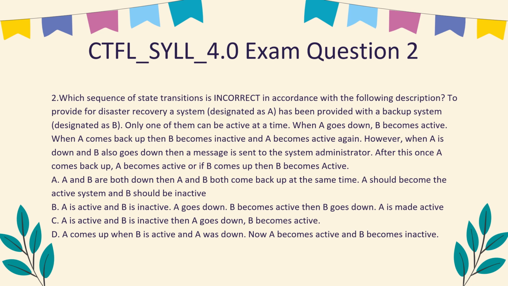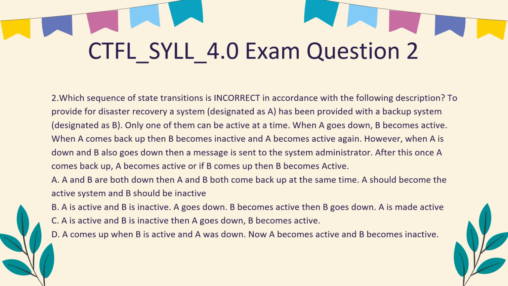However, when A is down and B also goes down, then a message is sent to the system administrator. After this, once A comes back up, A becomes active, or if B comes up, then B becomes active. A. A and B are both down, then A and B both come back up at the same time. A should become the active system and B should be inactive.